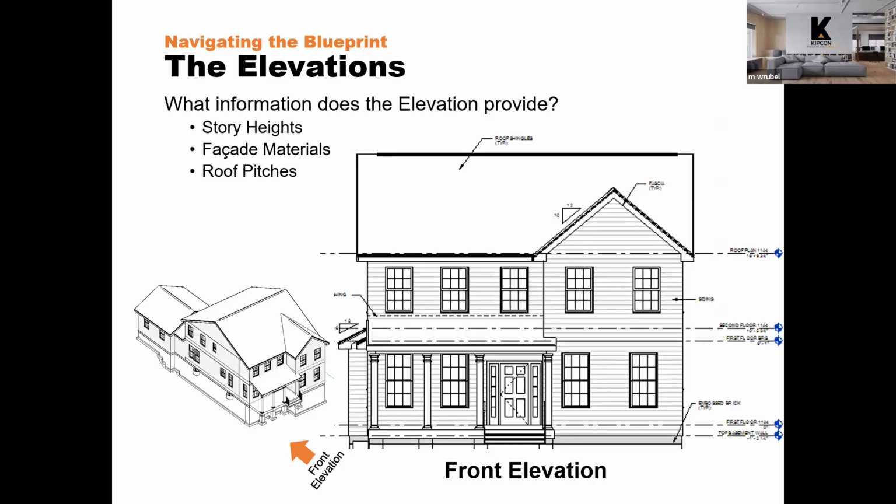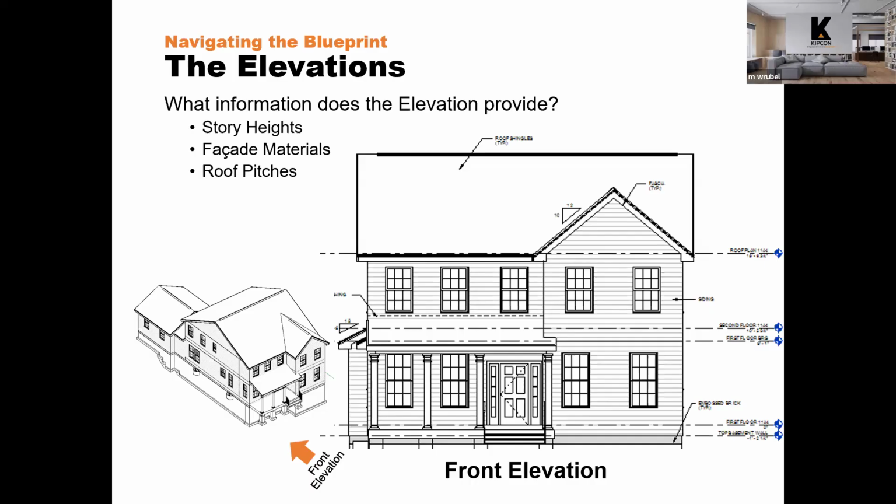So what types of information do the elevations show? When you look at the elevation, they're going to show you the story heights of the building. They're going to show you where the top of the foundation elevation is. And these are usually given as an actual elevation, such as when you're looking at plans that give an elevation like, say, 100 feet.